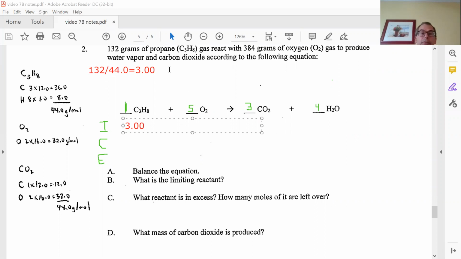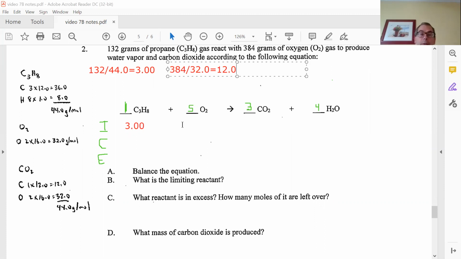Okay, I'm going to figure out 384 grams of oxygen. How many moles of oxygen is that? So I'm going to start here and say 384 divided by the molar mass of O2, which is 32.0, and that's going to leave me with 12.0 moles.